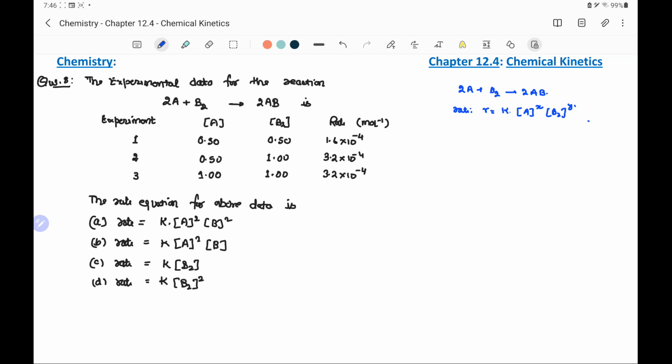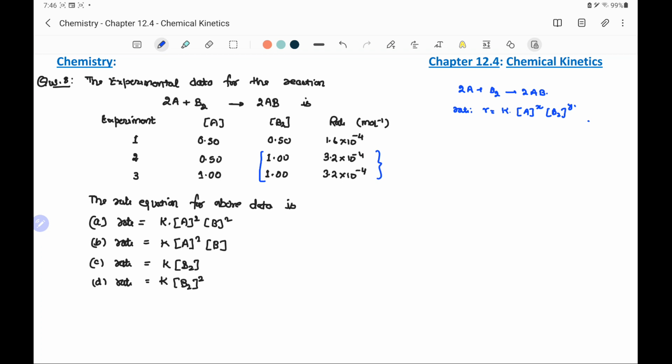From the given data, if we consider experiments 2 and 3, in these experiments the concentration of B2 is same, that is 1.00, and the concentration of the reactant A is different, that is 0.50 and 1.00. Even then the rate has the same value, that is 3.4 into 10 to the power minus 4.